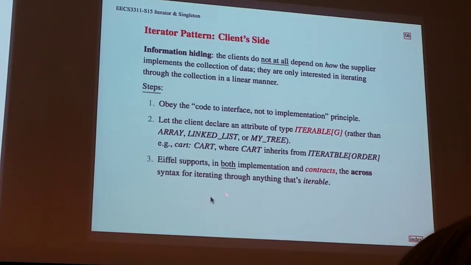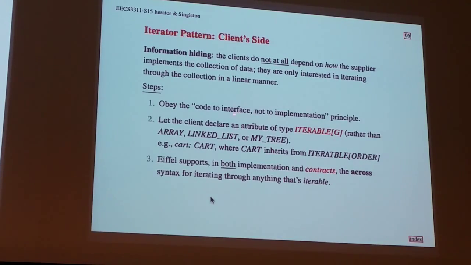Okay, so now for the client side, the information hiding applies because now the clients do not at all have to depend on how the supplier implements the collection of data, array, linked list, or tree. I simply don't care. All I care is, how am I going to walk through all the elements in a linear way, as if I could just use a cursor.